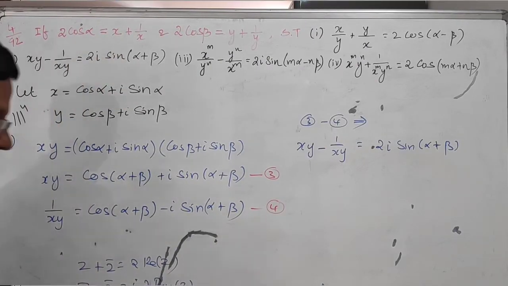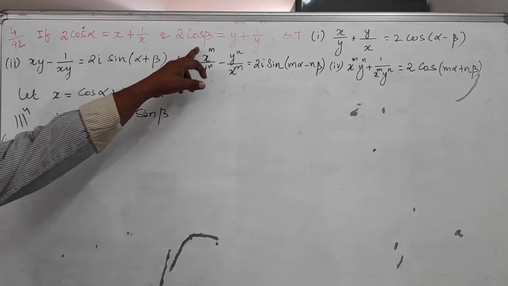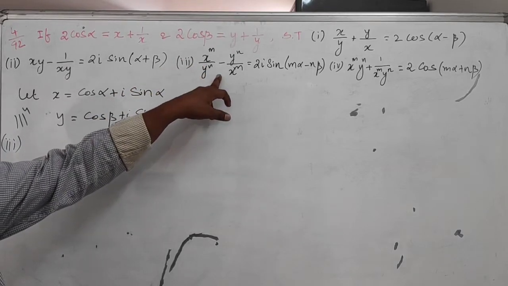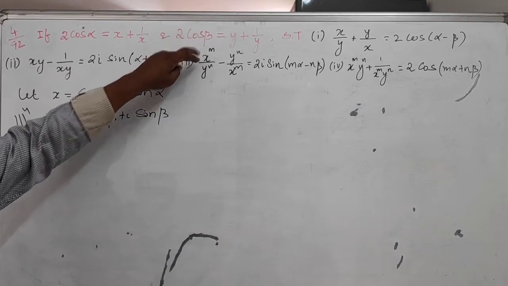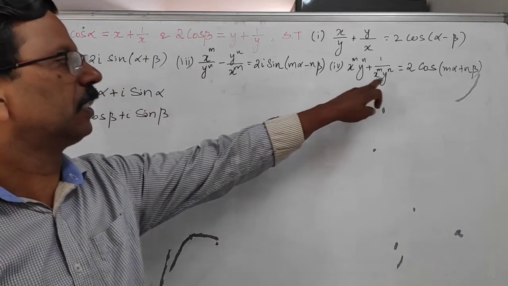Okay. Now let us see x power m by y power n minus y power n by x power m. Now we need to find x power m and y power n. Here also we use the same thing.